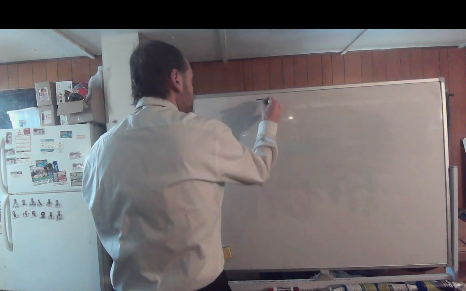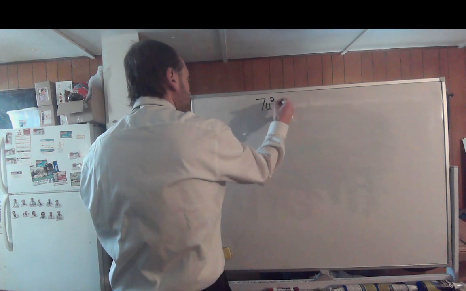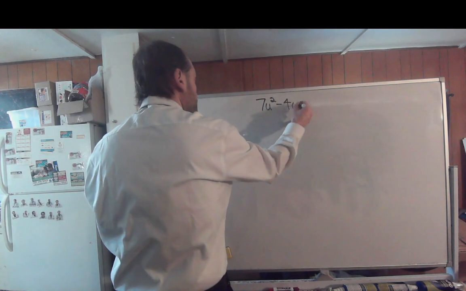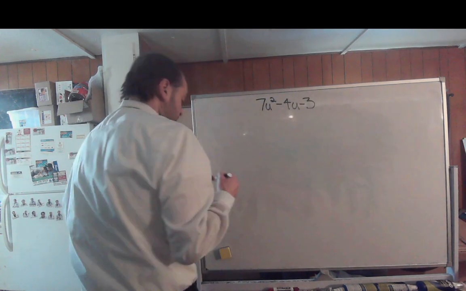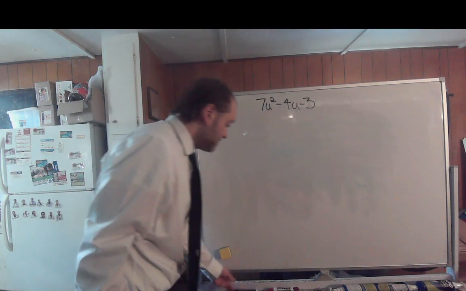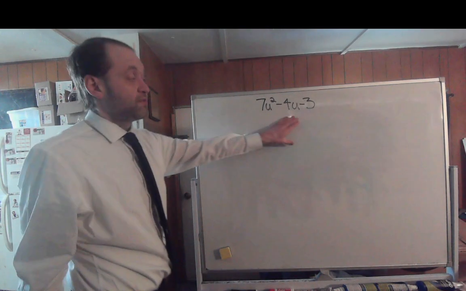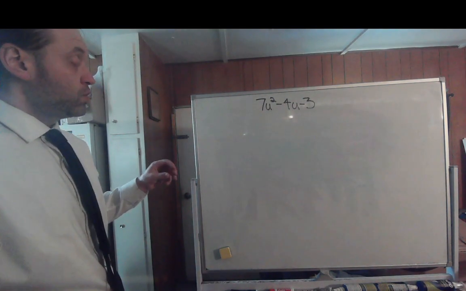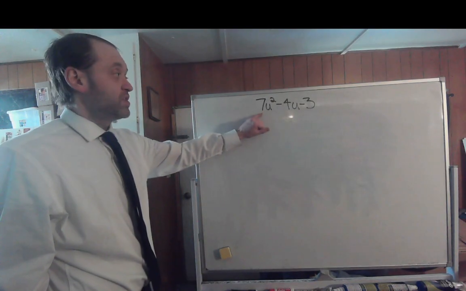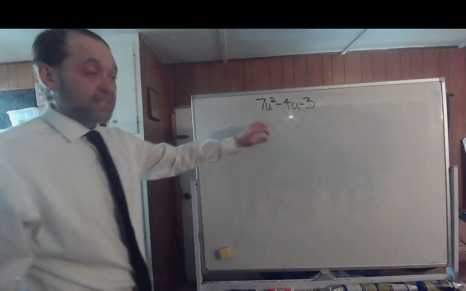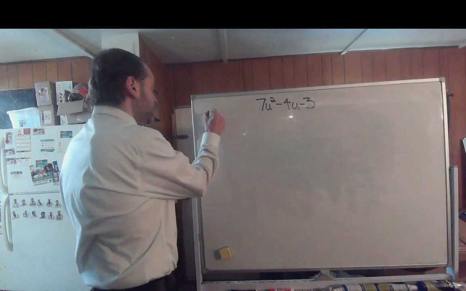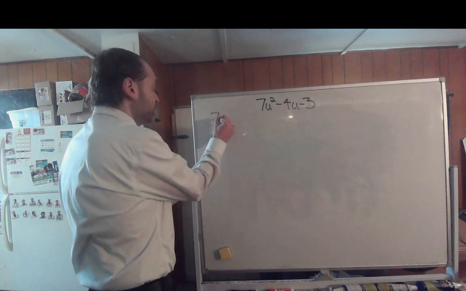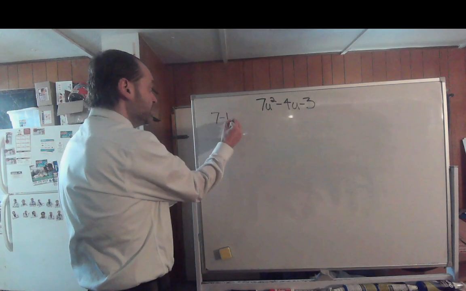All right, 7u squared minus 4u minus 3. So, of course, let's start with the coefficient on the u squared term. That's 7. So we need to find factors of 7. Well, that's pretty easy. That just leaves 1 and 7, right?